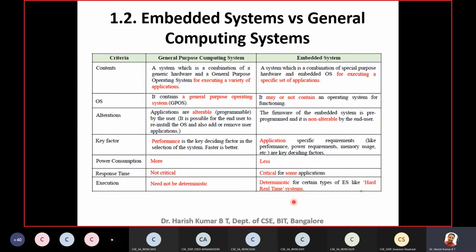That means, for example, in the general purpose computing system, say I'm running a task. The execution completion time of the task need not be deterministic. Say I have a task that requires 100 milliseconds of execution.